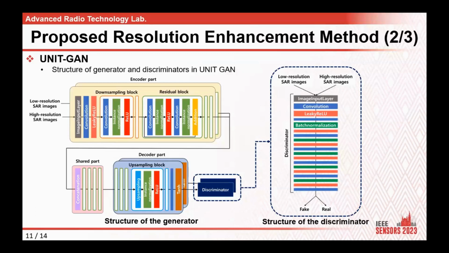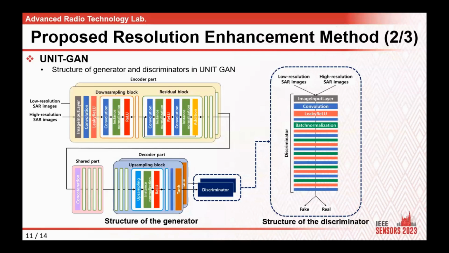The encoder is responsible for downsampling the input data and extracting features for each domain. In the shared part, data from different domains are merged through a computation layer to learn the joint distribution of the data. Afterwards, the decoder upsamples the processed data and returns output corresponding to the domain type.